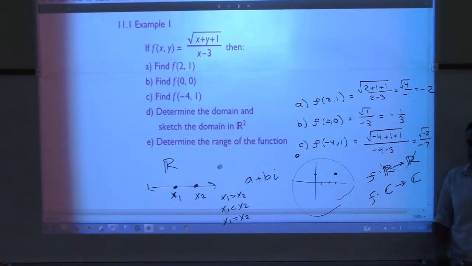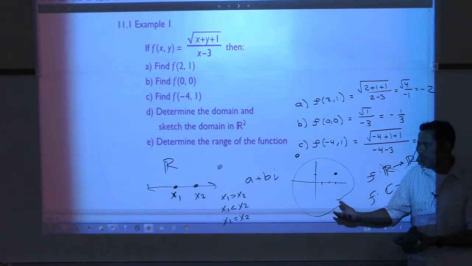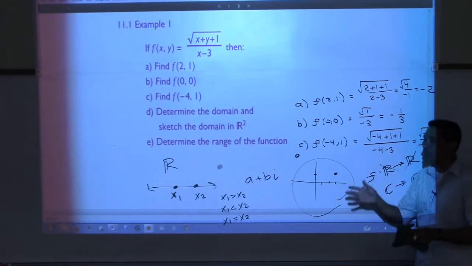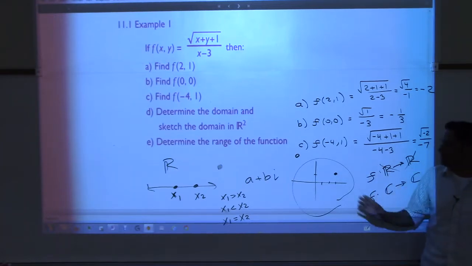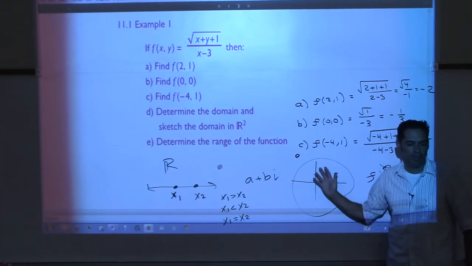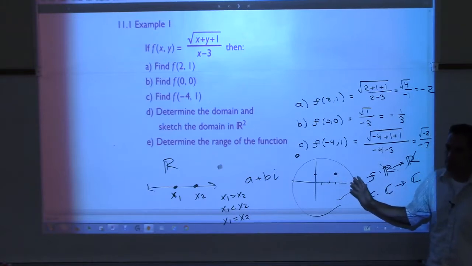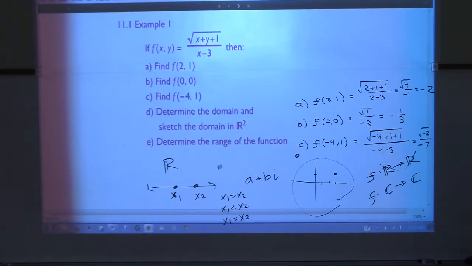So when you think about all these inequalities that you deal with in real analysis or real variables, this is bigger than this, or we need that to be smaller than that, it all goes away here. And so it becomes extremely messy. So we separate imaginary numbers out of our calculus when we first introduce it.